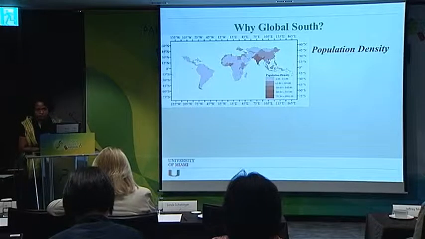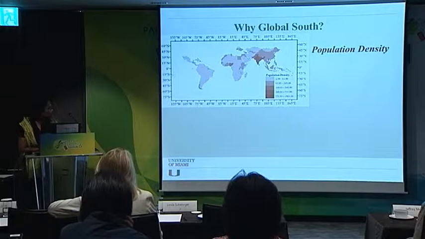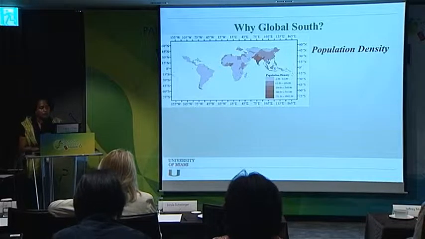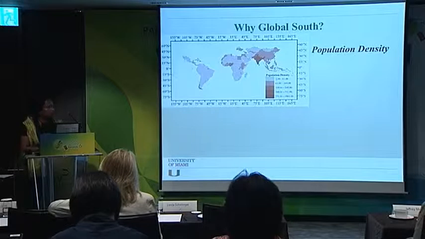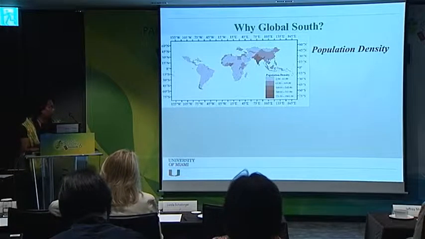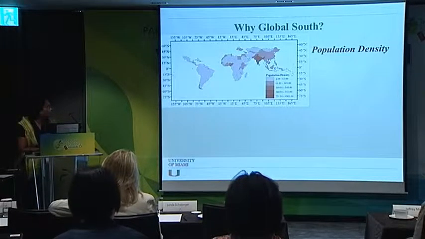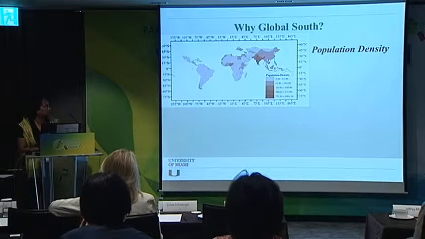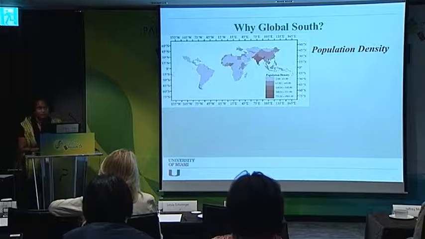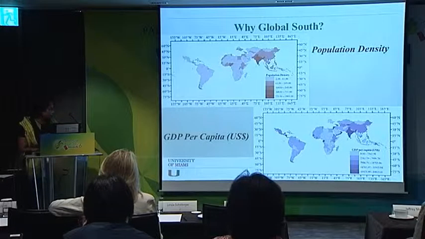Finally, I would just like to show some of the maps. This is the map of the Global South, what I considered the Global South. This just shows the population density. As many of you know, the two countries with the highest population are located in the Global South. This shows the distribution of population density, and here is where you have the highest population density. So that's important to take into consideration.